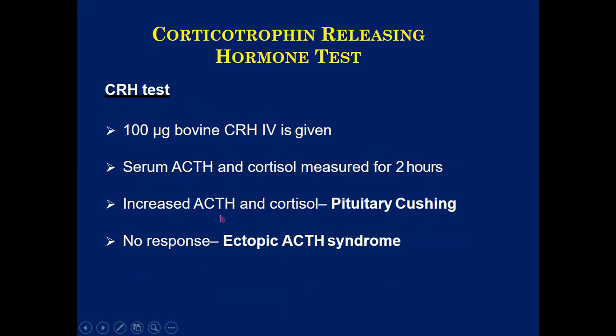This is not routinely done, because there are a lot of requirements for this one. And before that, we proceed to the diagnosis, which has been made based on the clinical symptoms, based on the different tests like the urinary free cortisol and the serum cortisol and low dose dexamethasone test.